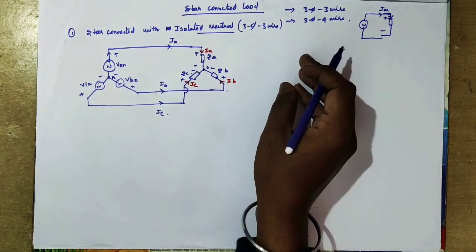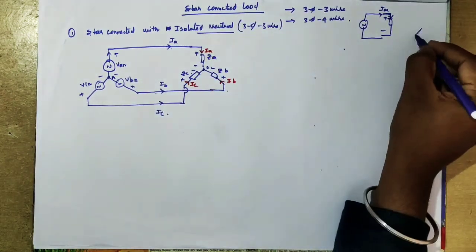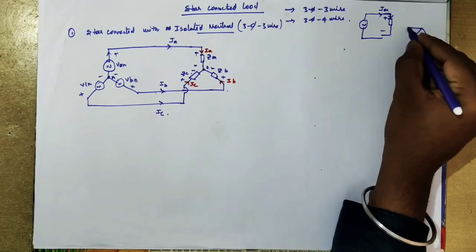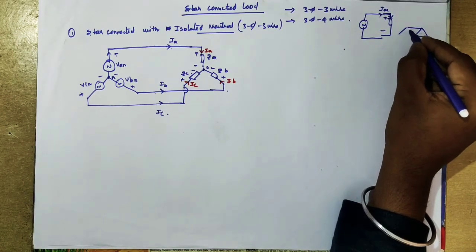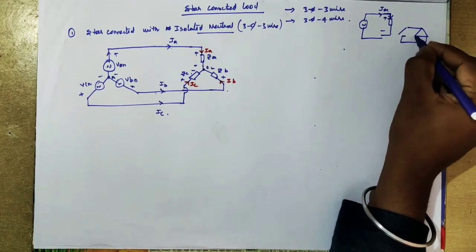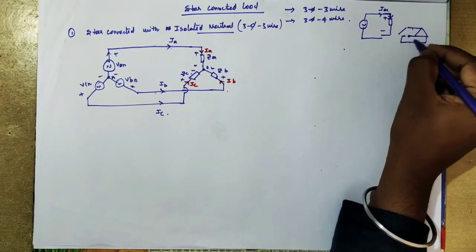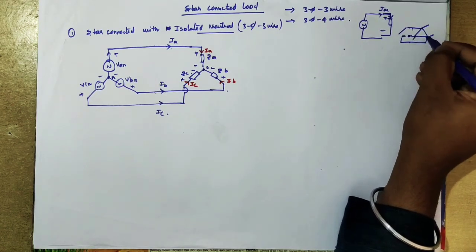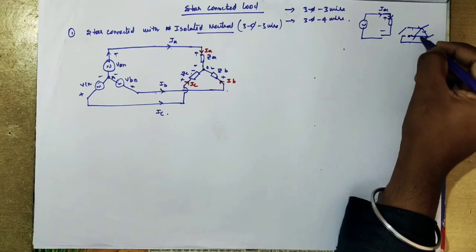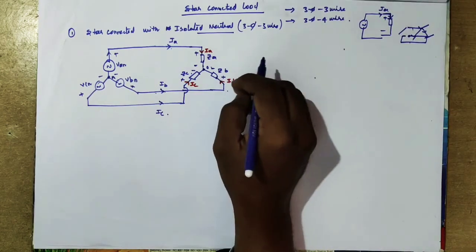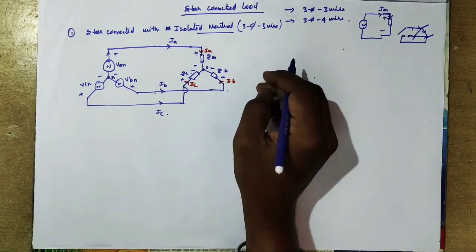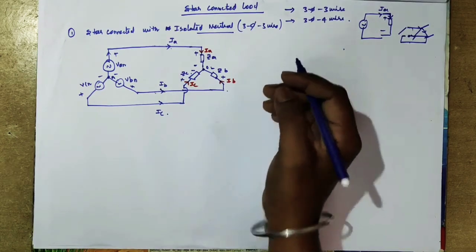For the delta connection, what happens? We connected the source here and gave the terminals like this. So the line voltage is equal to the voltage across that phase, and we find the current easily, but here it is not possible. This is the difficulty you face in the three phase, three wire system.